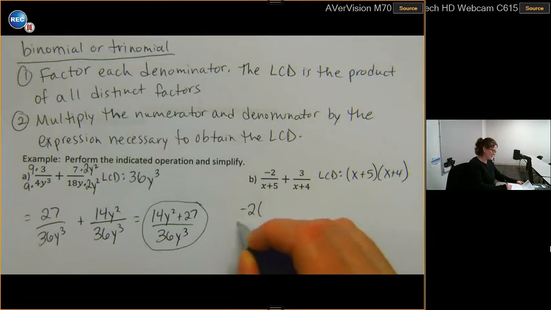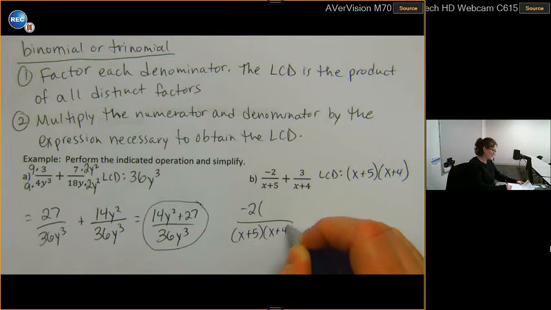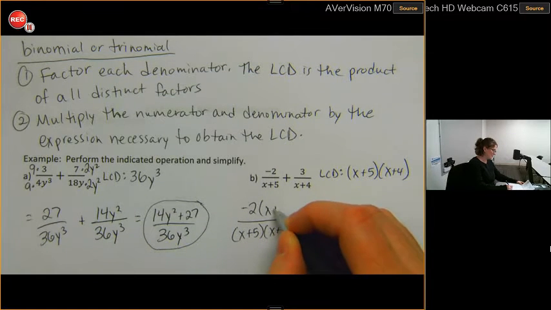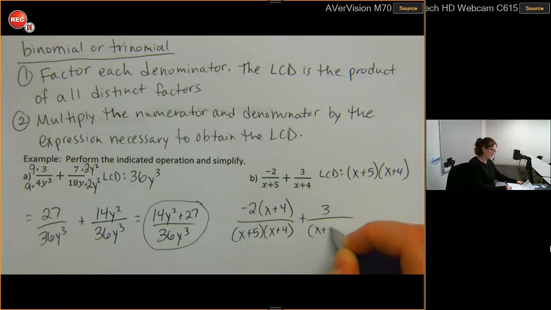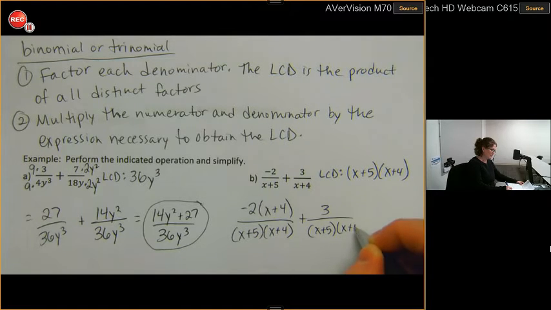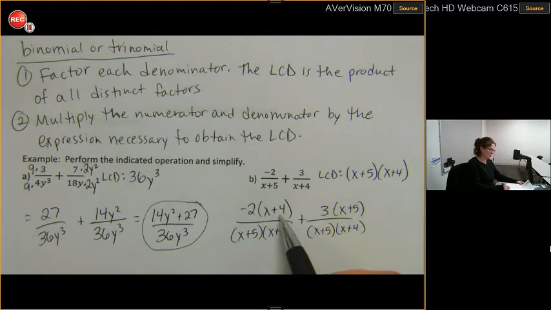My first fraction needs x plus 4. My second fraction needs x plus 5. So notice how I put in the numerator and denominator the expression necessary to get the LCD.